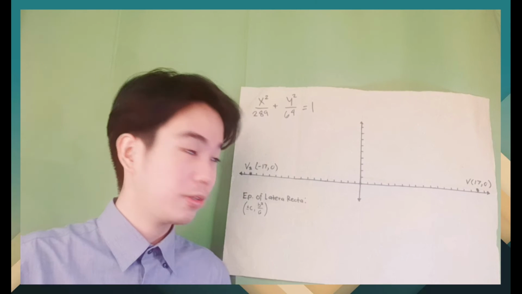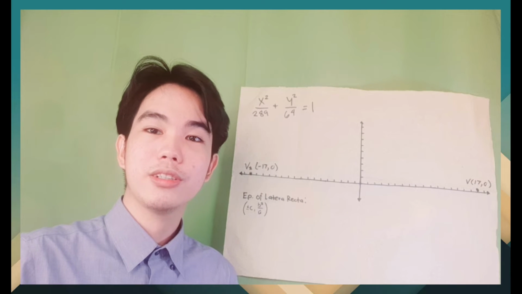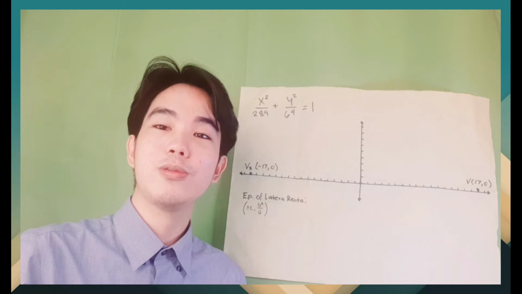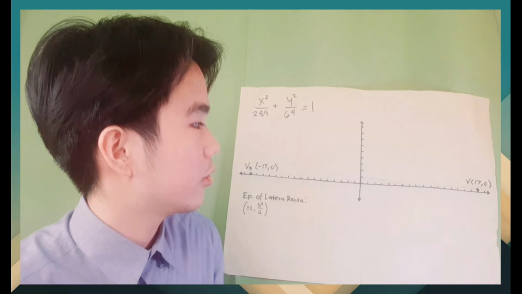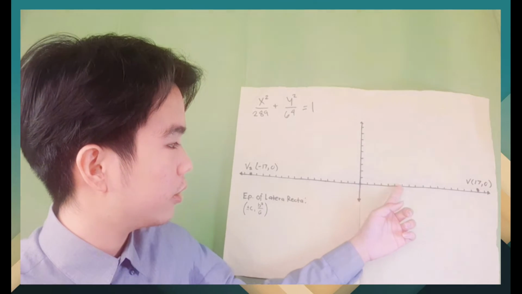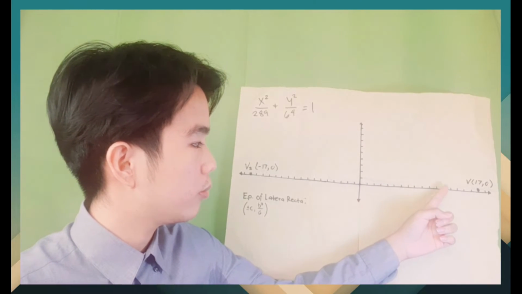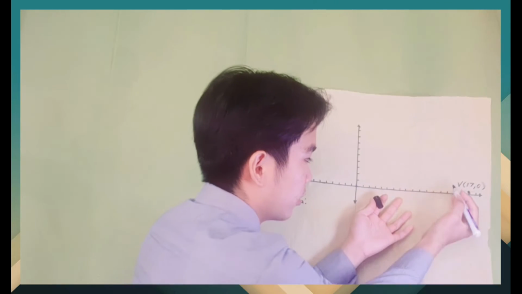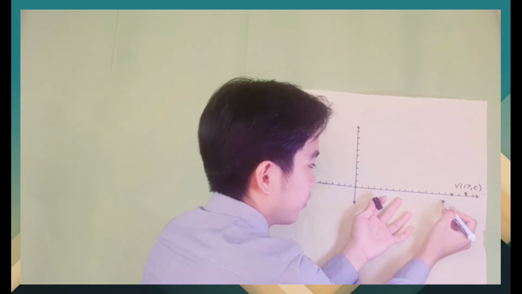Next, we should graph the foci. The foci is the value of the variable c, where c is equal to 15. So let us count: 1, 2, 3, up to 15. So focus 1 is located right here.